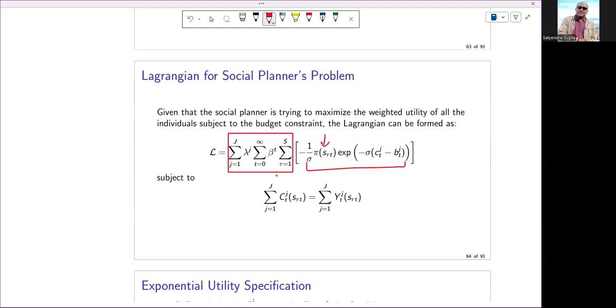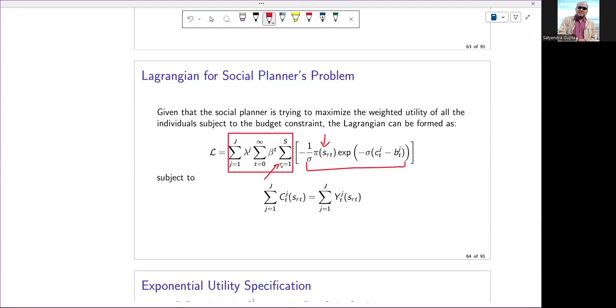So let's look at the first summation, the inside one, saying tau is equal to 1 to S, capital S. That means we are doing this summation over all the possible states for individual j. Each individual can observe any of the possible states, right?